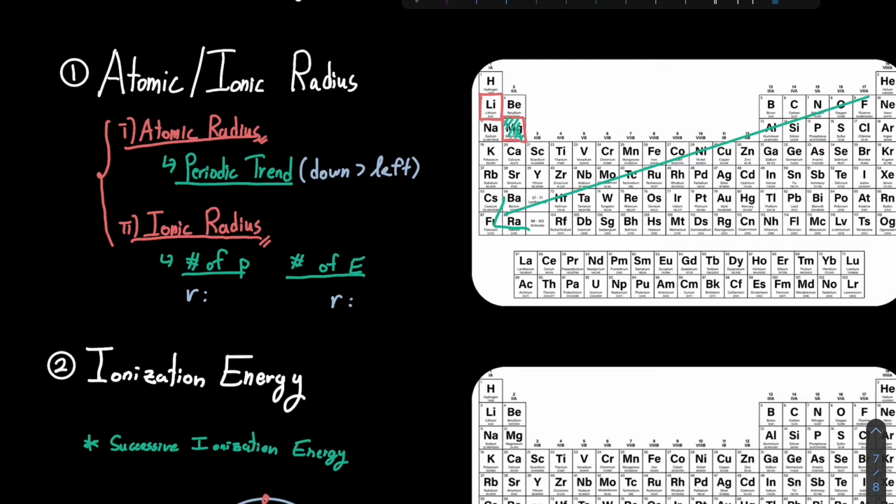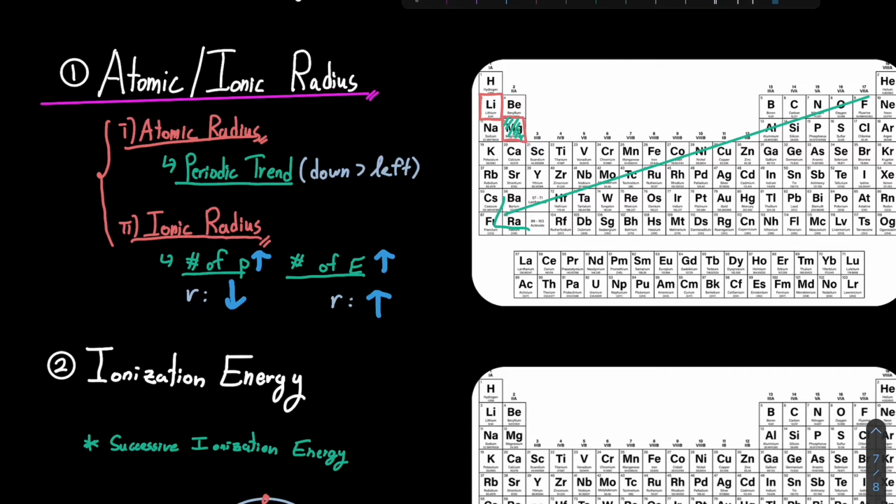Due to the fact that protons pull in electrons, atoms with a higher number of protons have a lower atomic radius, and atoms with more electrons have a greater atomic radius due to the fact that electrons cause repulsion with each other and make the atom's radius bigger. Now that was all for atomic and ionic radiuses.